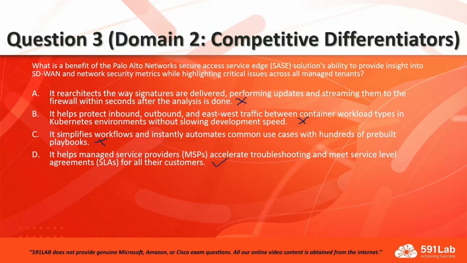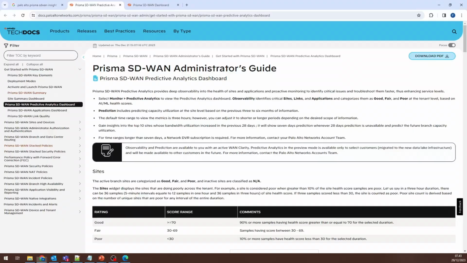So then the answer for question number 3 is D, and let me show you the ability of the SASE solution. So we have this Prisma SD-WAN predictive analytics dashboard.